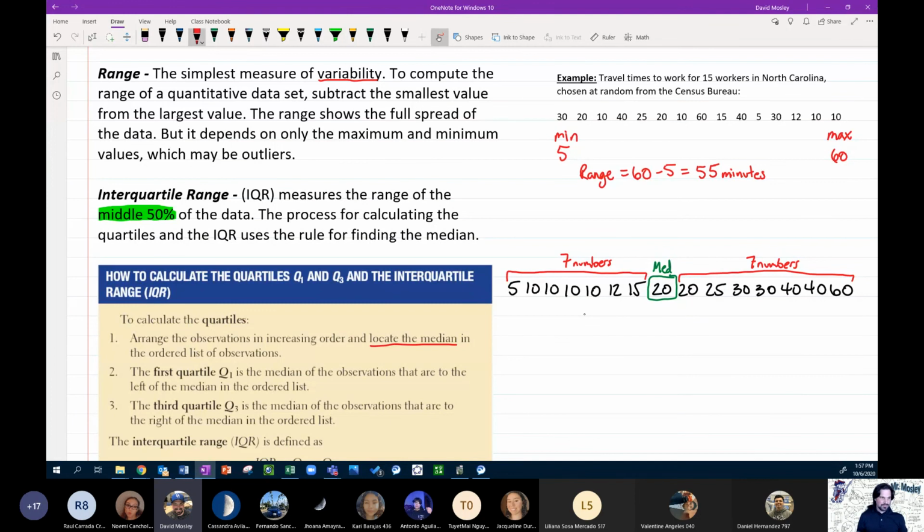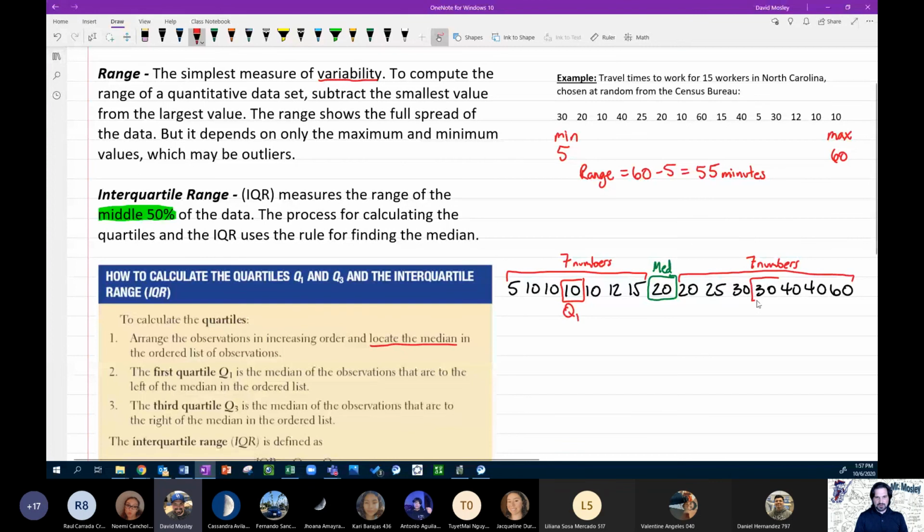So again, for the first quartile, it's the median of the observations that are to the left of my median. So the middle number of these 7 is this 10 because there's 3 to the left and 3 to the right. The median doesn't count in this case. So this will be called Q1.